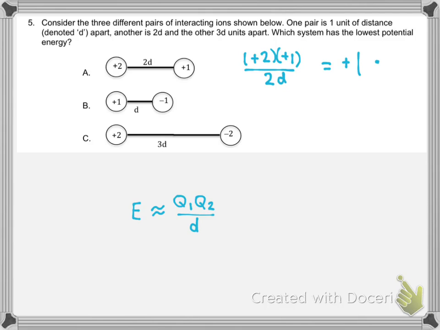And then if we look at our second set of particles, we have a +1 charge, a -1 charge, divided by a distance of 1. So the potential energy here would be -1.